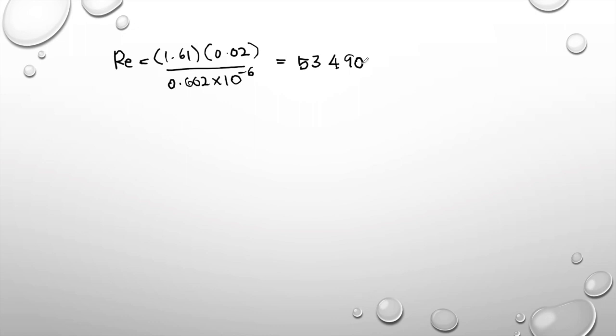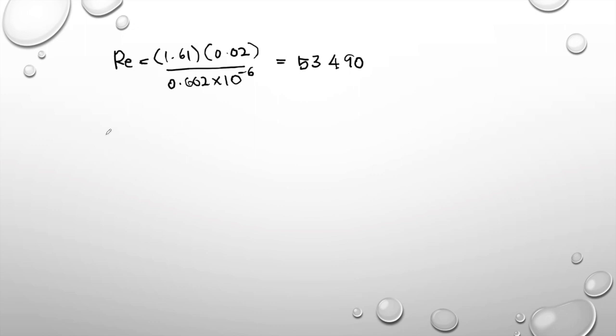Now, for the internal forced convection, after you determine the Reynolds number, you have to determine whether it is developing laminar flow or fully developed turbulent flow. Under internal forced convection, we have two different equations for different types of flow.